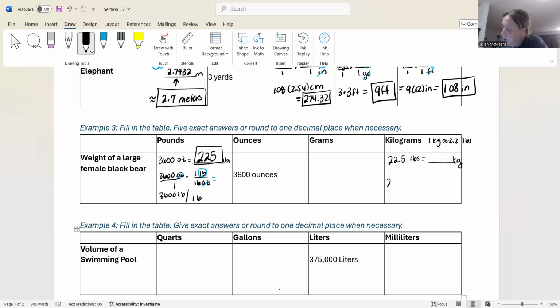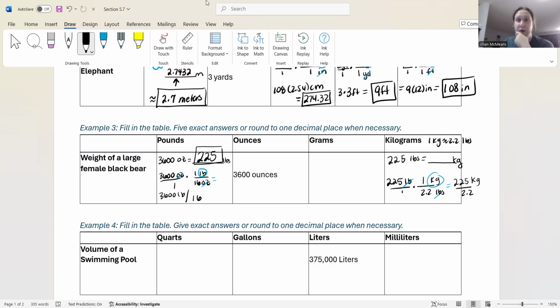So let's convert. We have 225 pounds. We want to multiply that by a unit fraction relating pounds and kilograms. We have that 1 kilogram is approximately 2.2 pounds. Pounds cancel, which is what we want, leaving kilograms in the numerator. So when I clean this up, I end up getting 225 kilograms divided by 2.2. And we can do this on the calculator.